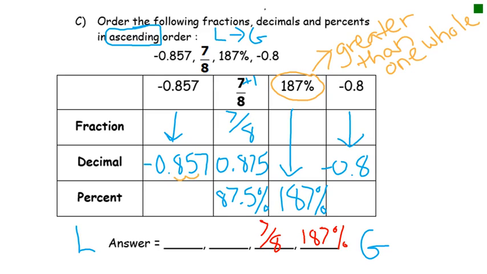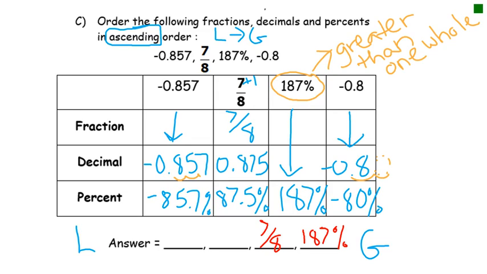So 1, 2, it ends there in between the 5 and the 7. So when I write my percent, I have negative 85.7%. And when I move this one on the right here, again, if I don't have enough digits, I have to use a 0 as a placeholder. So I wind up with negative 80%.